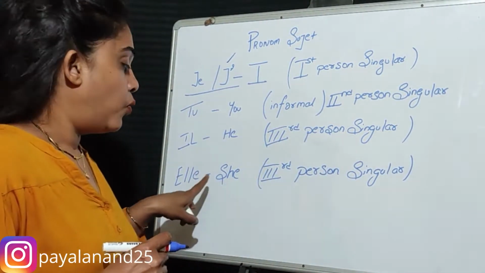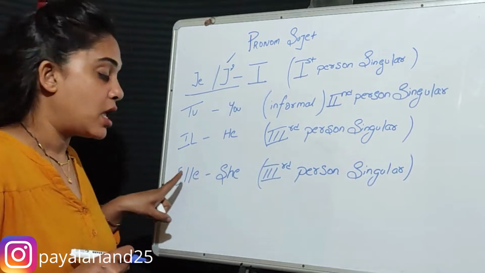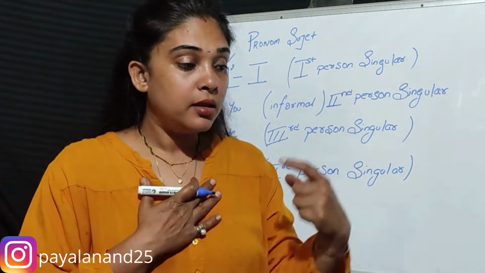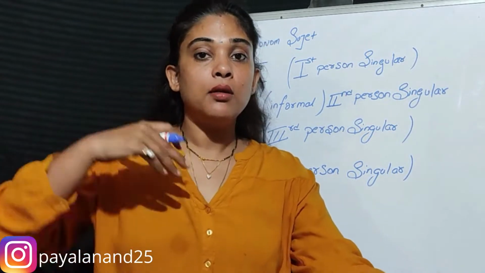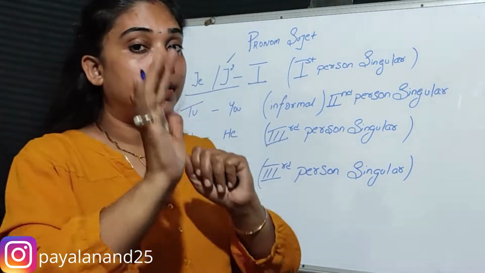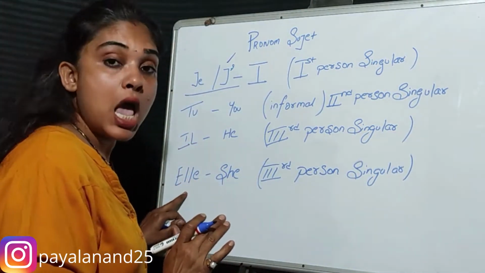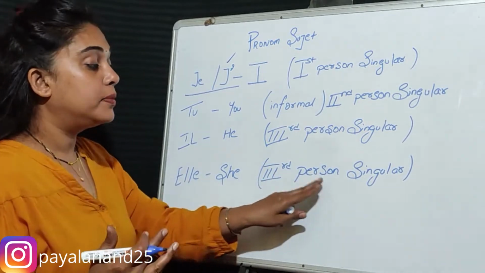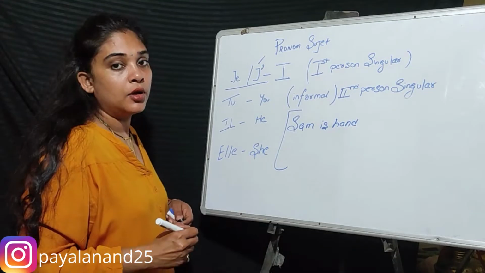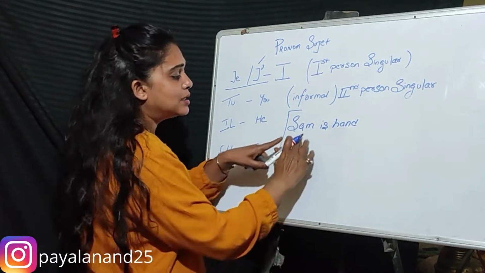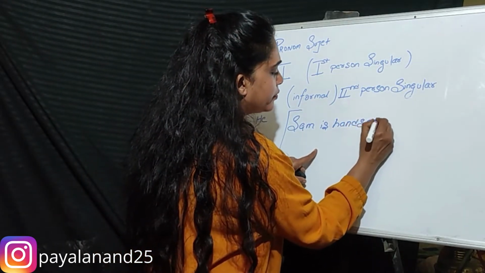Elle, we will be using for she. Elle means she. First person Payal, Rajiv is the second person, Prisha is the third person, and she is a girl. I will represent her with elle. I'm talking about her: elle, third person singular. For example, to make it clearer: Sam is handsome.